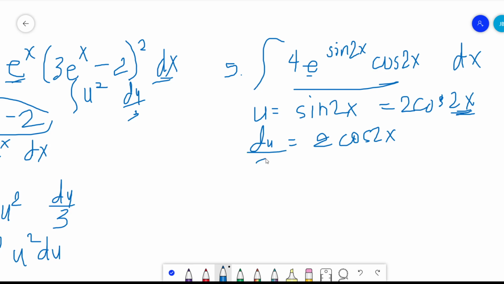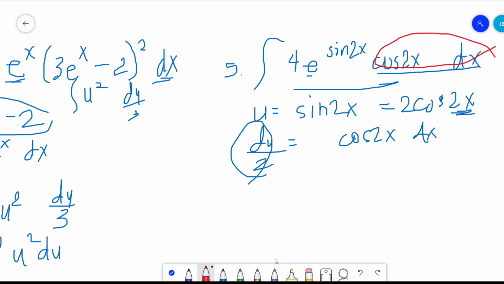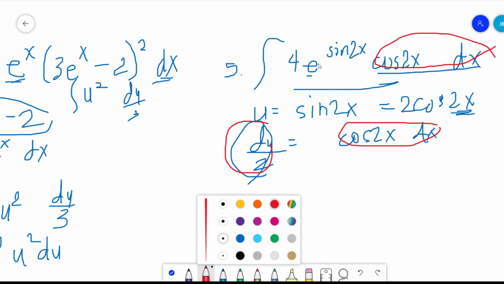All right. So our cos 2x dx is equivalent to du over 2. As you can see, again, cos 2x dx is du over 2, and e^(sin 2x) is e raised to u.